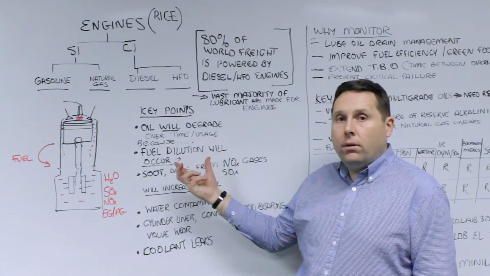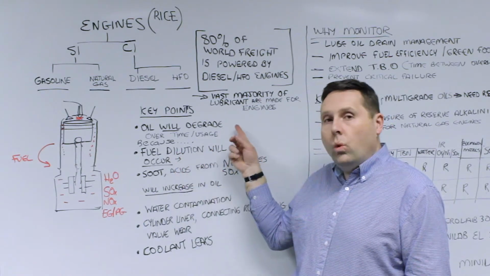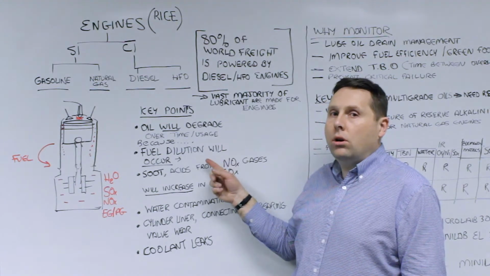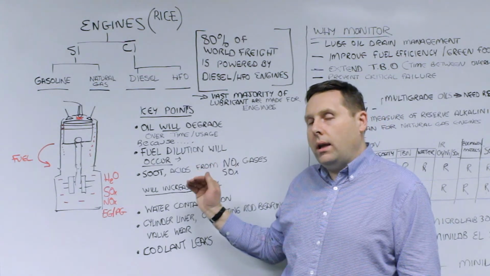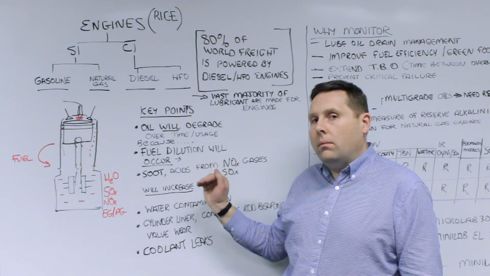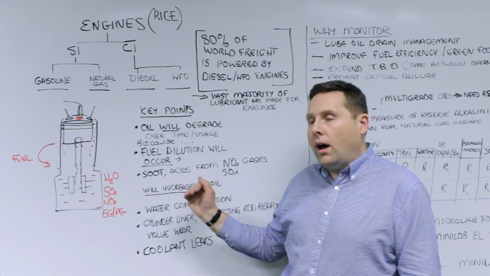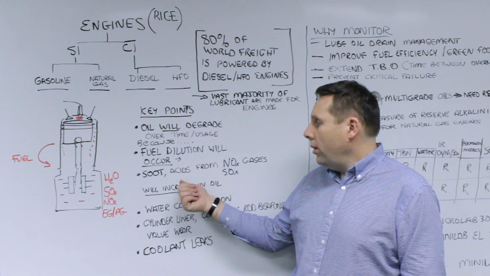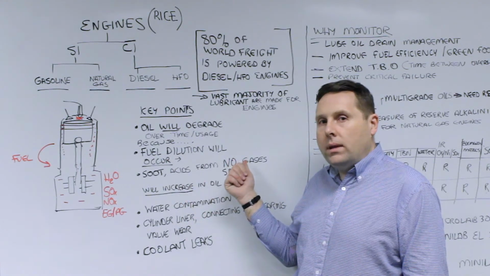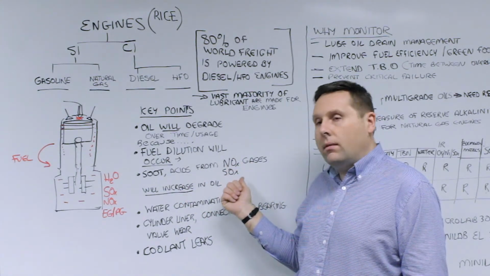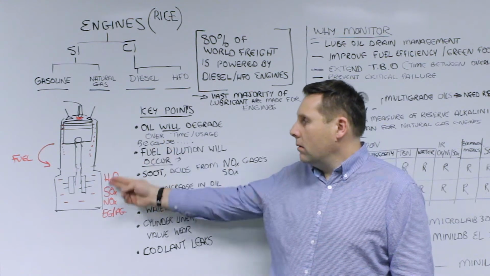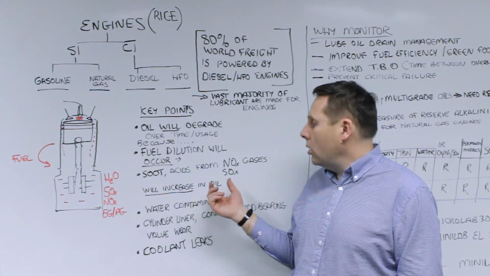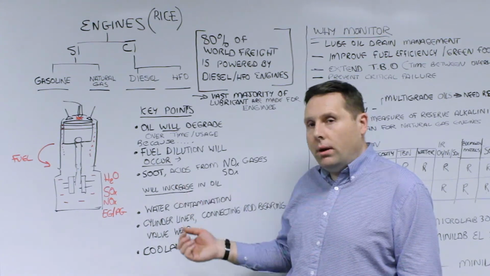So key points for engine oils: the oil will degrade over time and usage. Fuel dilution will occur. There's always fuel dilution getting in. A small amount, most of it gets boiled off, but if you get an excessive leak, you're going to have problems. Soot, and acids from the nitrates and sulfate gases that result from blow-by getting into the engine, will increase in the oil and cause acid formation, which degrades the oil.